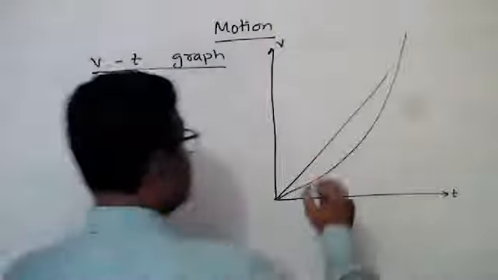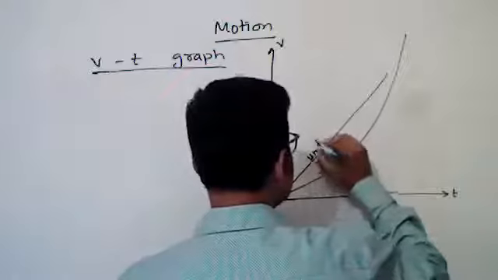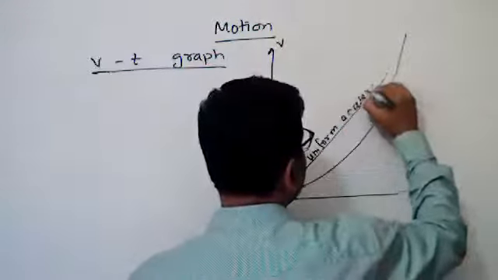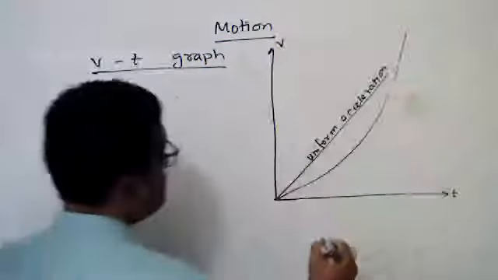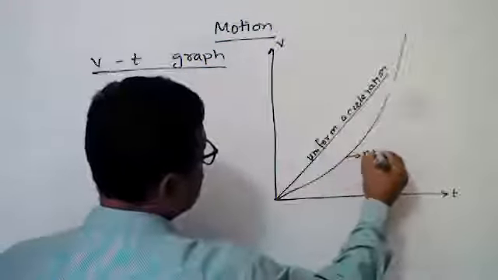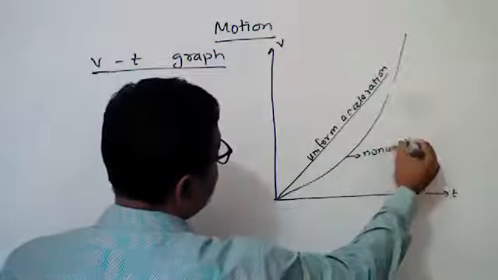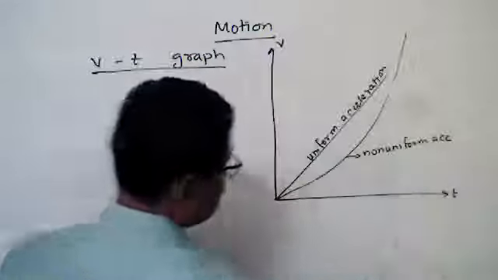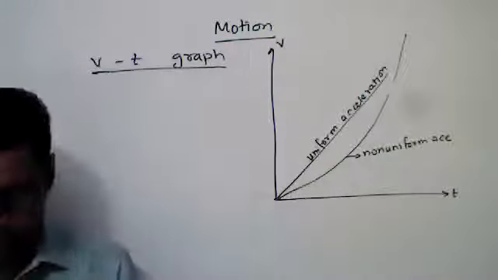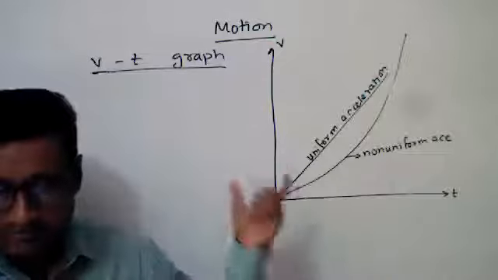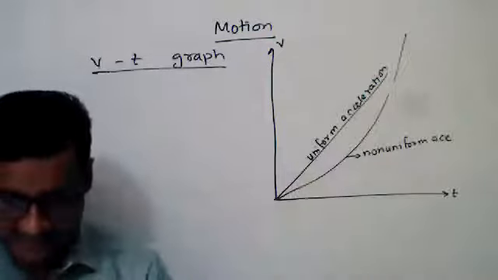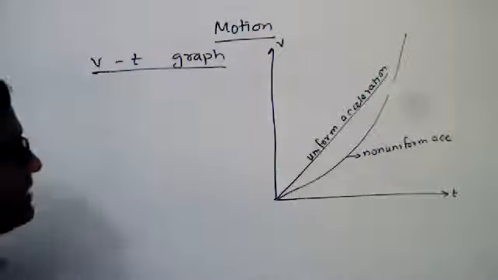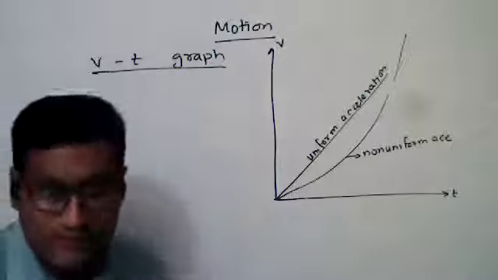So this is uniform acceleration, and this is non-uniform acceleration. If the body moves with negative acceleration, which we can call retardation or deceleration, it means the velocity is decreased with respect to time.